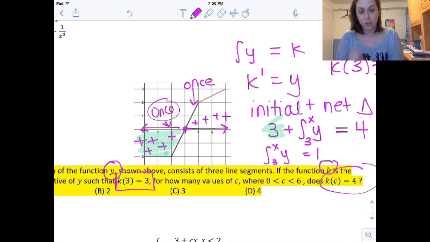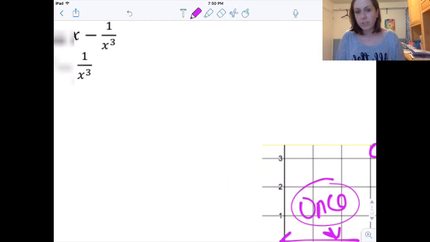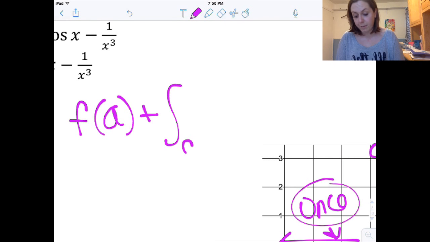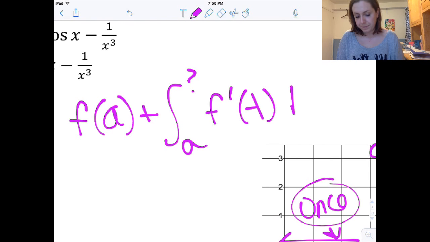So lower bound's usually your initial. And whenever we talk about initial, we'd say like f of a plus the integral from a to some value, maybe b, of f prime of t dt. Because we're saying starting at a, you have this, and then accumulate starting at a, how much you go up from there.